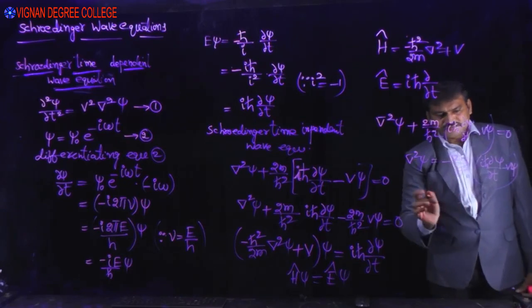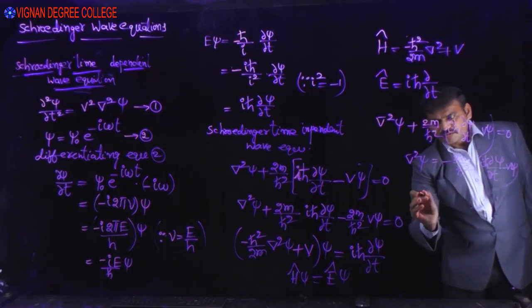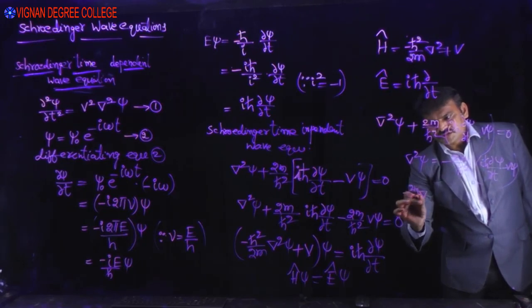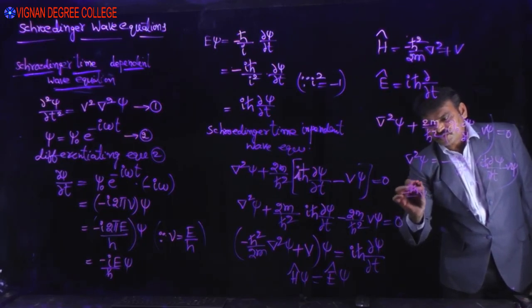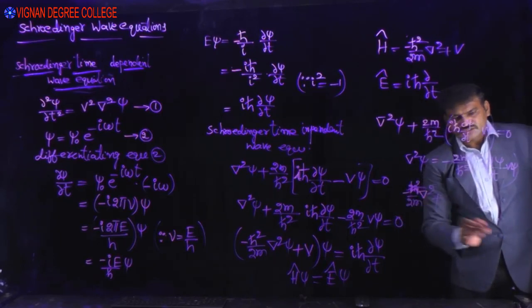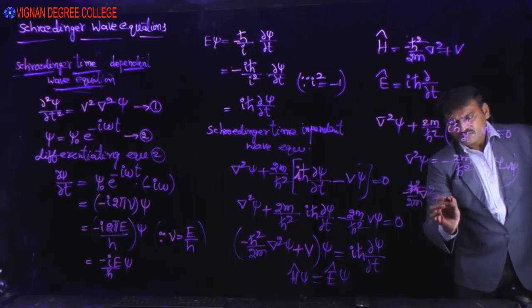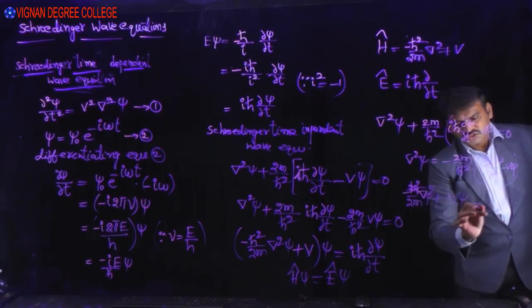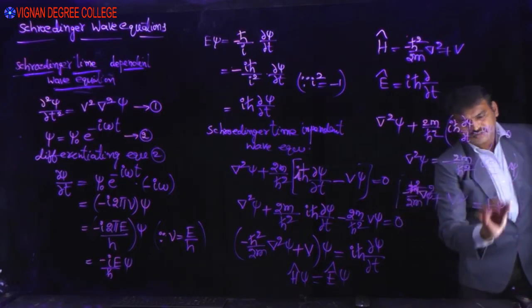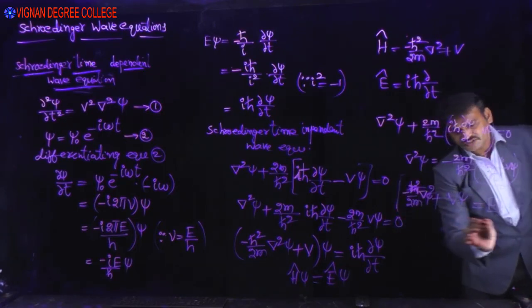From this, −(ħ²/2m)∇²ψ + Vψ = Eψ is the Schrödinger time dependent wave equation.